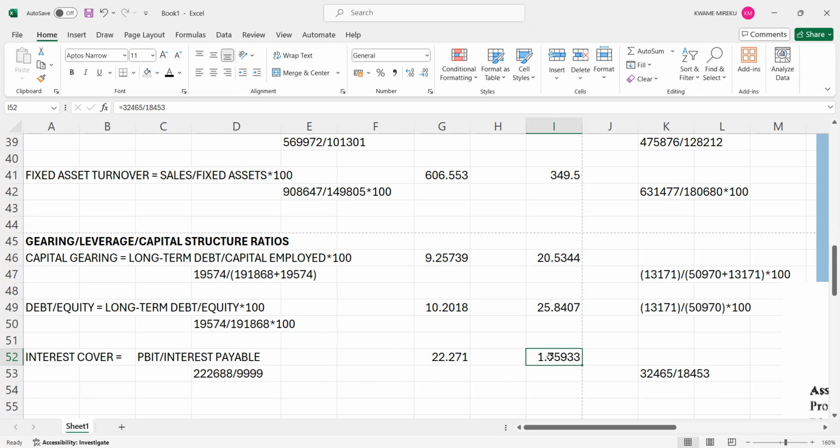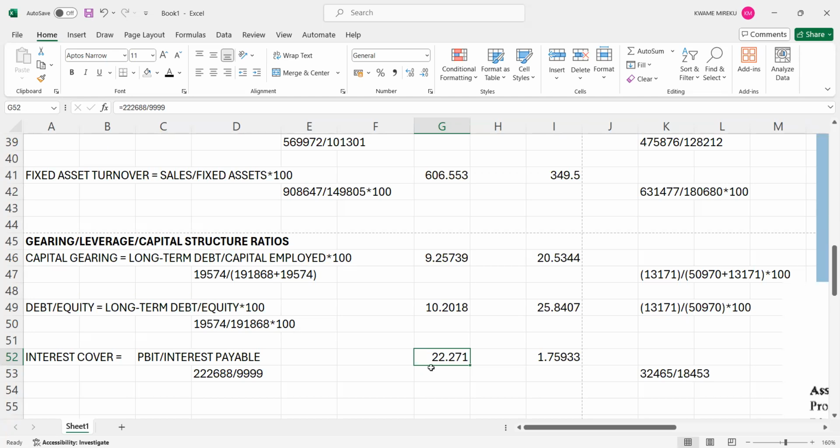That was not good in 2022 because it did not even meet the rule of thumb of 3 to 7. But fast forward to 2023, we are able to pay our interest 22 times. That is good. That is a massive improvement. It means for any loan you take, you are making enough profit to pay your interest. So this is improved, good performance.